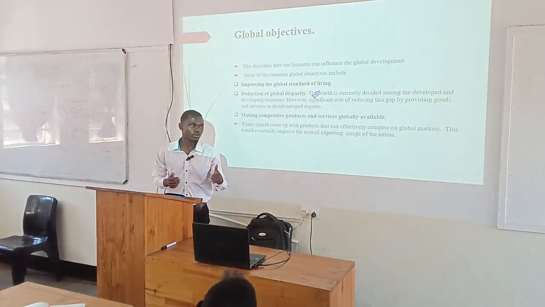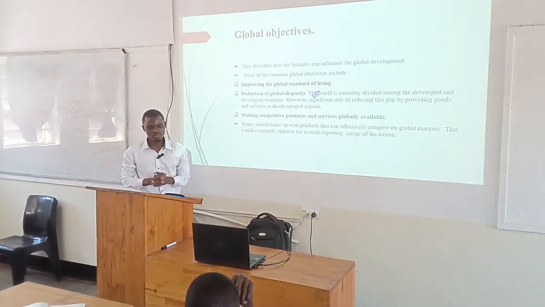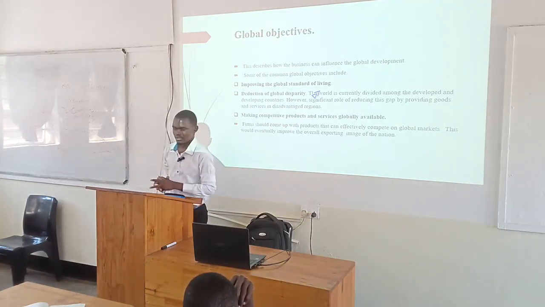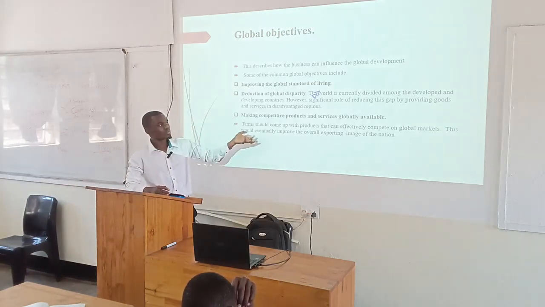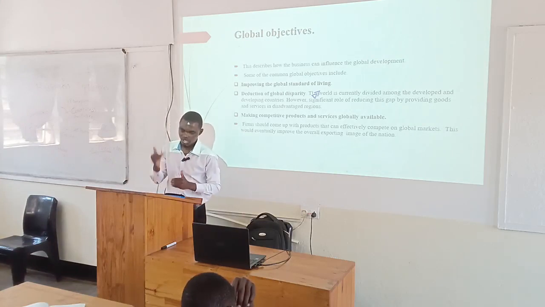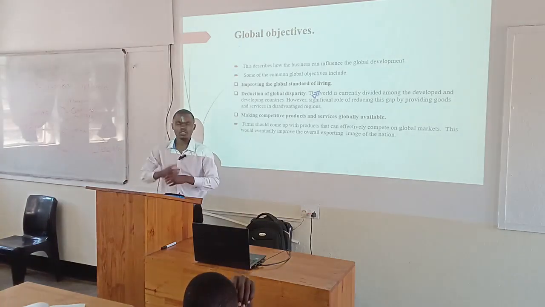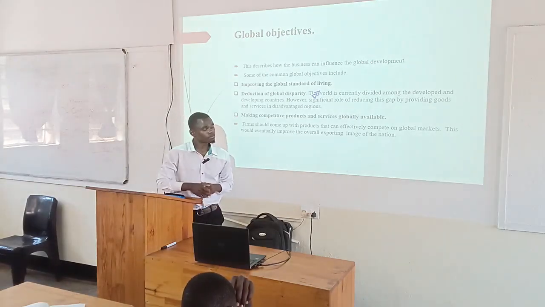He talked of Illovo. Illovo is also another organization. So yes, it applies. But this objective also depends on the capital of the business. Because if you don't have enough capital, then you cannot meet the needs of other people who are found across the borders.